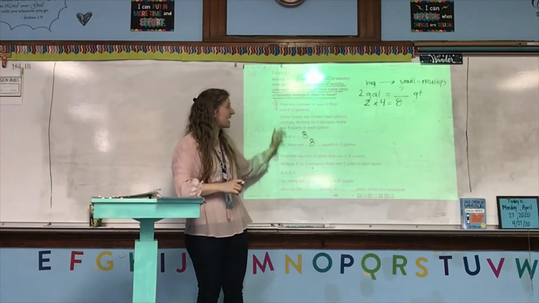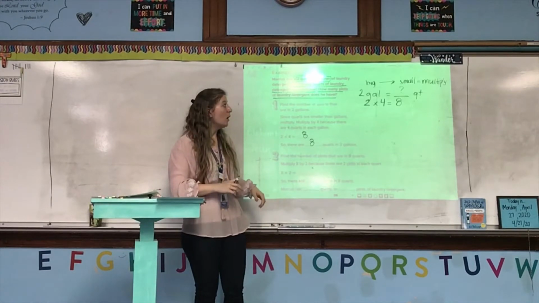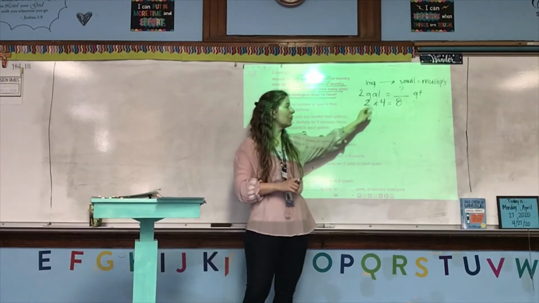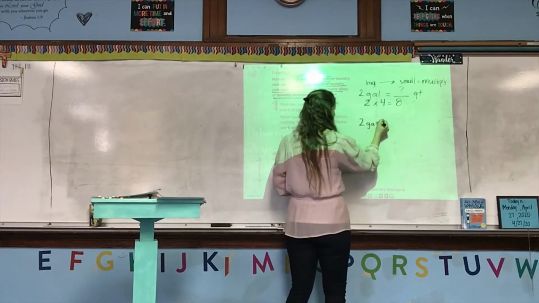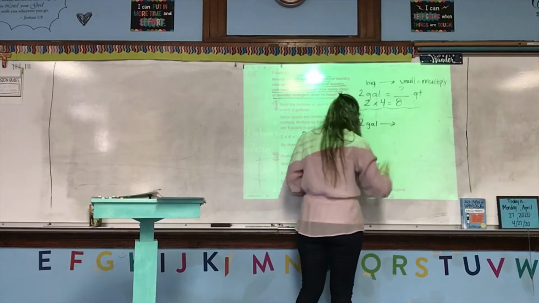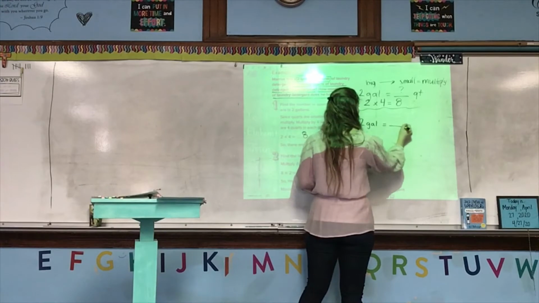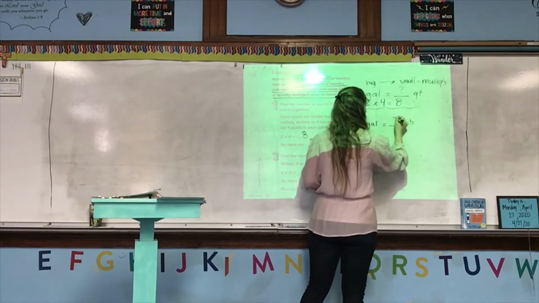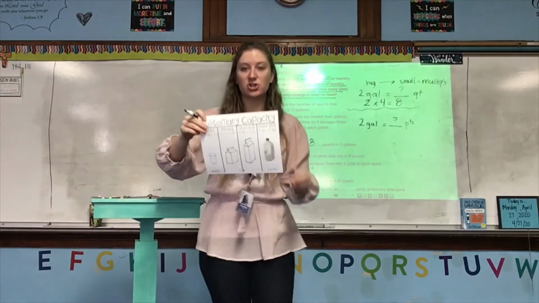Now, the second step, now we have to find how many pints of laundry detergent he has. Well, luckily we already know the quarts, because we can't go straight from 2 gallons to pints because they are not right next to each other on this chart.